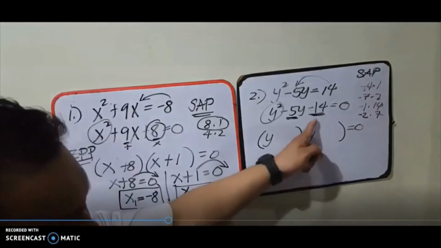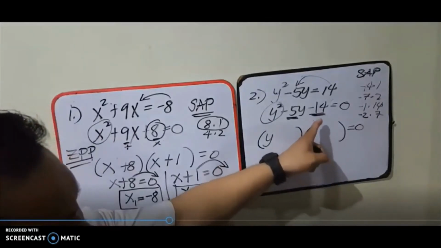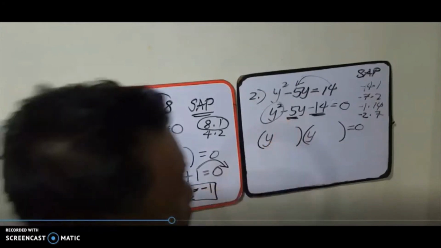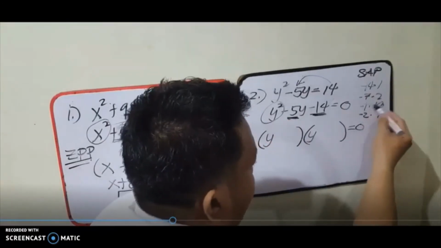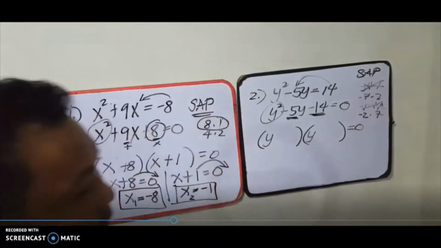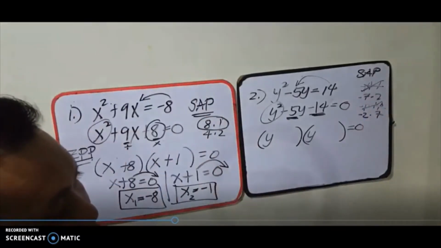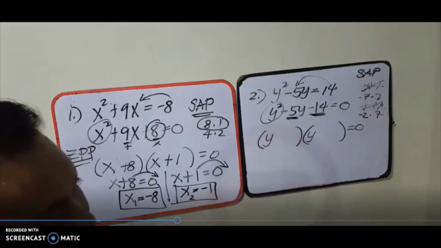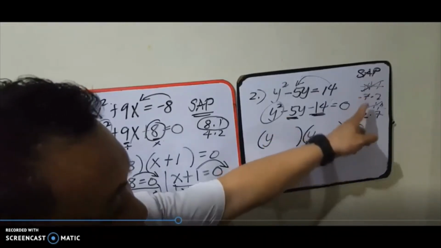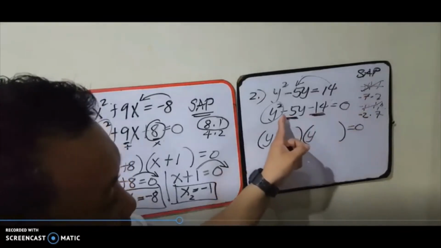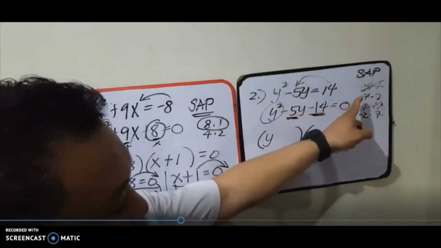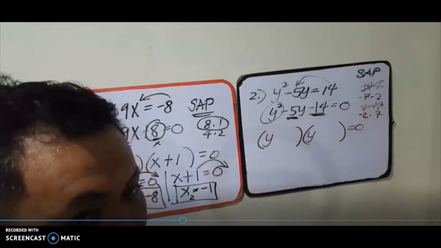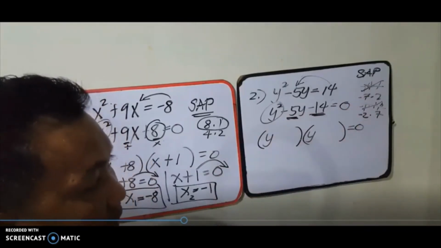But we are going to choose the right factors that when added, the sum is negative 5. So we disregard negative 1 and 14, because obviously, when we add that, we will not come up with negative 5. So these two will be left. Since negative 5 is the answer, we are going to choose the factors wherein when added the sum is negative 5.